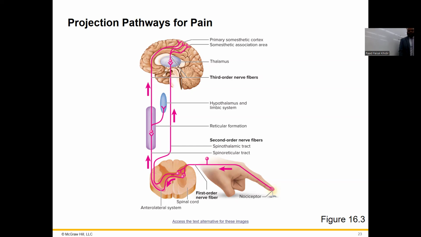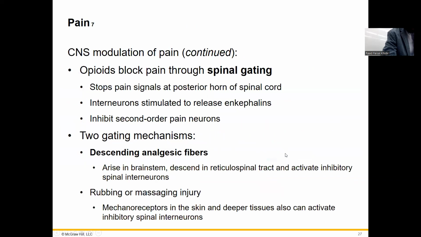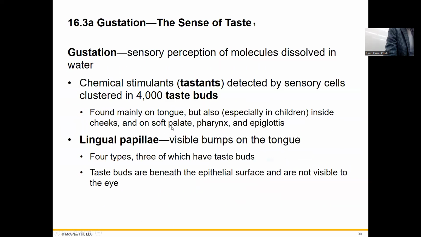So now let us go and examine how this gustation happens. So gustation is a sensory perception of molecules that are dissolved in water. So that's the requirement. You don't taste as well when your mouth is dry compared to when your mouth is moistened with water. And there are different stimulations.